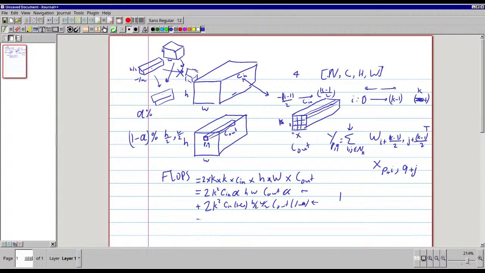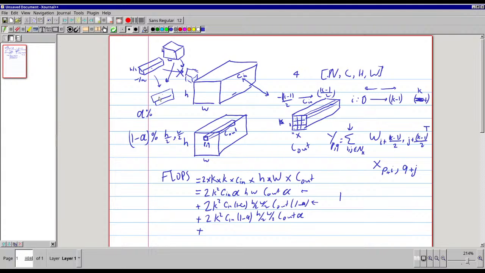So you end up with a convolution 2k² Cn (1 - alpha) H over 2, W over 2, C out, but this time it's alpha, and then you upsample. Let's assume the upsampling is a nearest neighbor upsample. Let's assume it doesn't take FLOPs essentially.